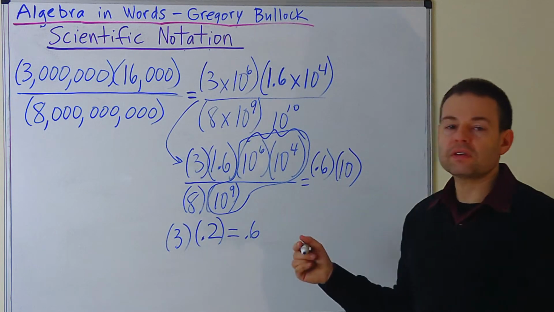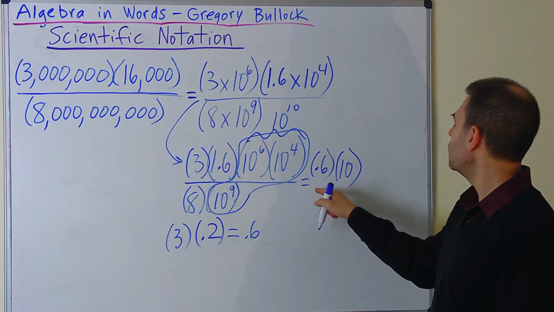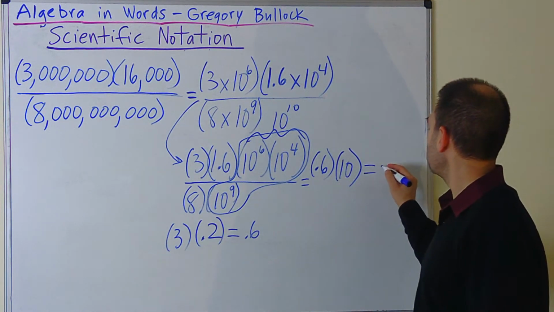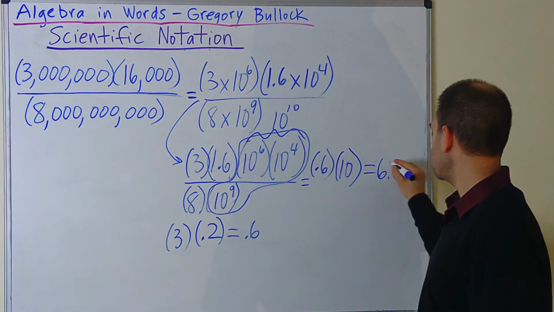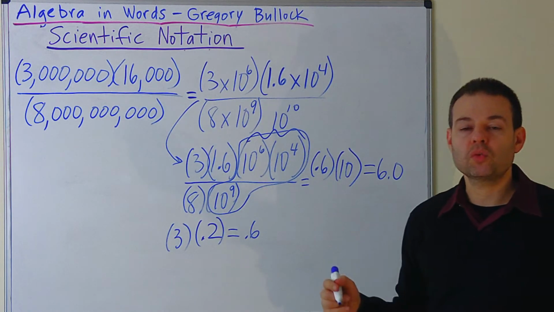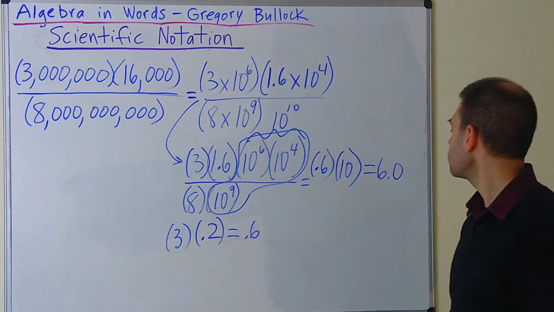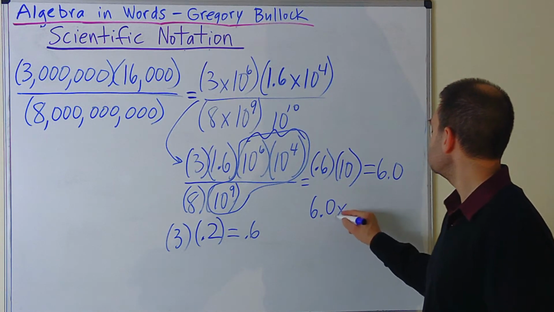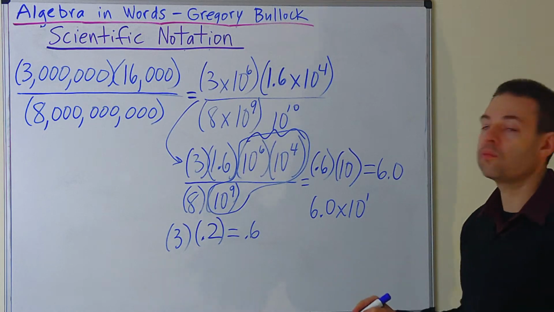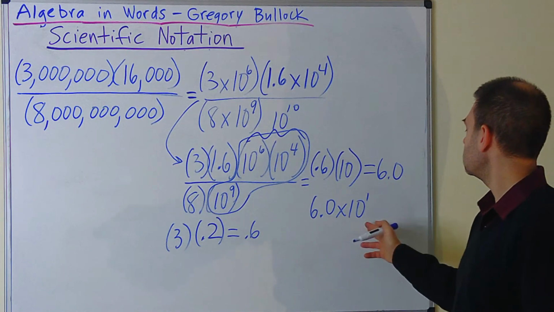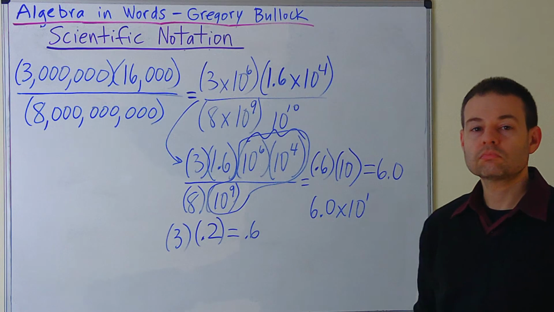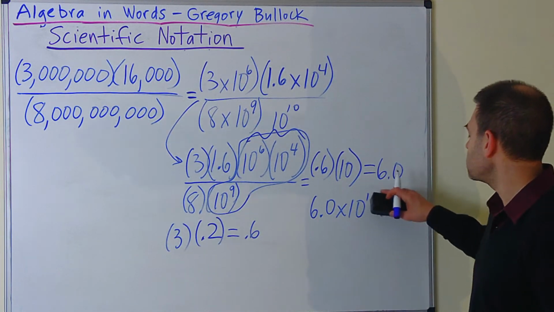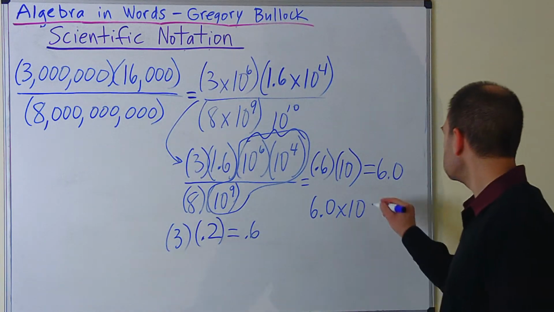And now to finish the problem, we're going to multiply these together, and we're going to get 6, and you could say 6.0. And if the question wanted it in scientific notation, then we would say 6.0 times 10 to the power of 0.